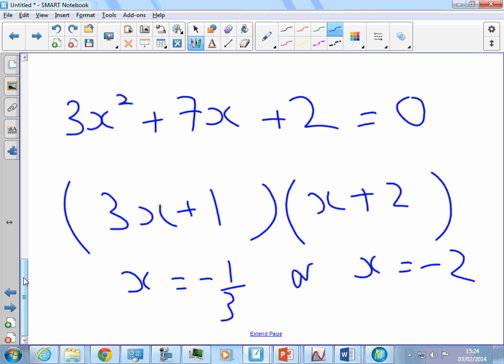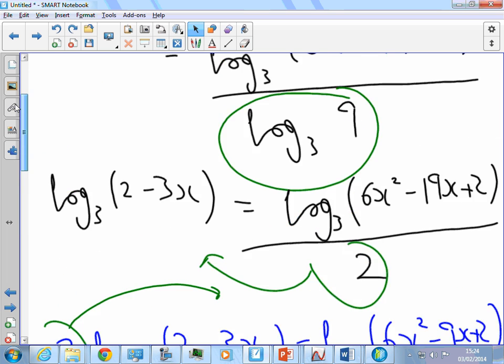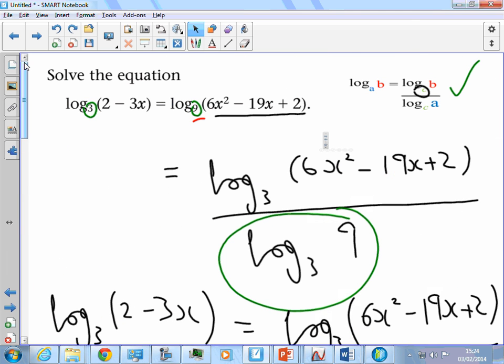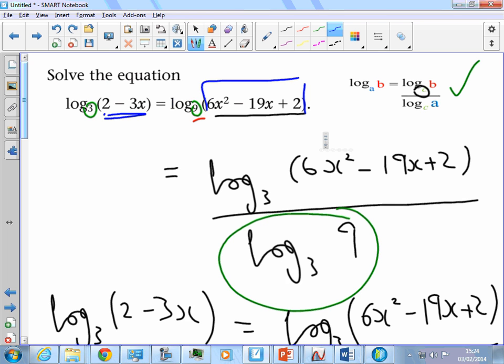Now I have to be slightly careful here, because what happens when I sub in x is equal to minus a third into here on the left hand side? Let's just do it. 2 minus 3 lots of minus a third is 3. That's a positive number.